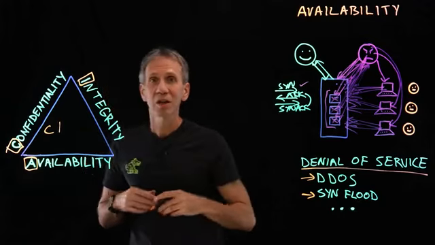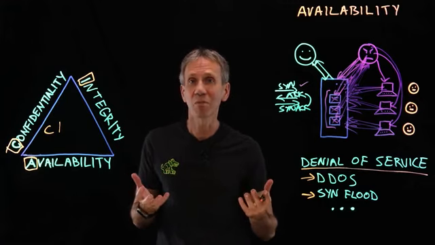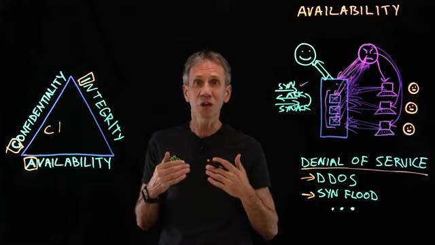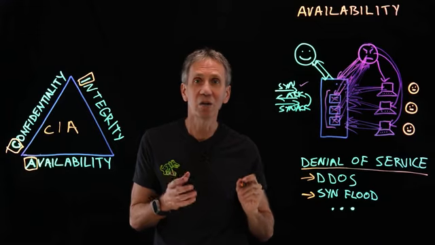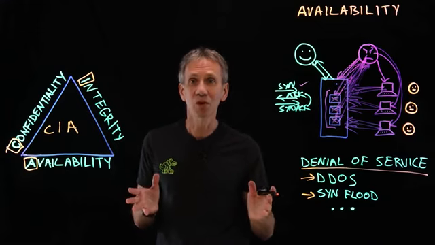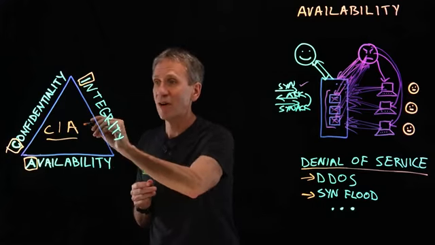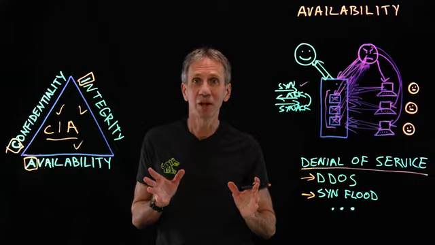Is the system true to itself? Do I have integrity checking so that if someone modifies it or tampers with it, I can be aware of that and know to adjust my trust level? And do I have the system available all the time that it's supposed to be available? This is the CIA triad. If I've covered all of these three bases, then it's job done.